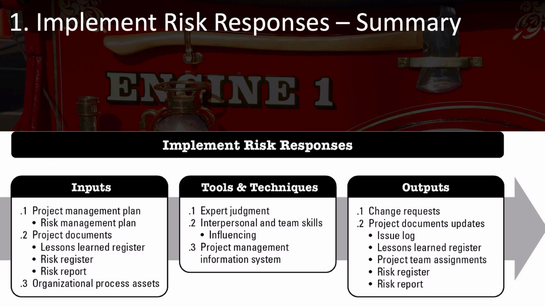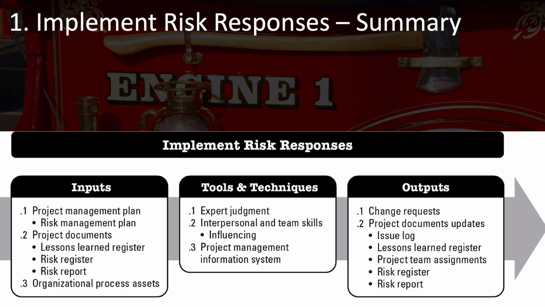Then as inputs, you have the primary inputs being your risk register and risk report, as that contains all of your information about your responses and lots of other details about your risks. And also your risk management plan for the rules on how to implement risk responses, and your lessons learned register and lessons learned repository.